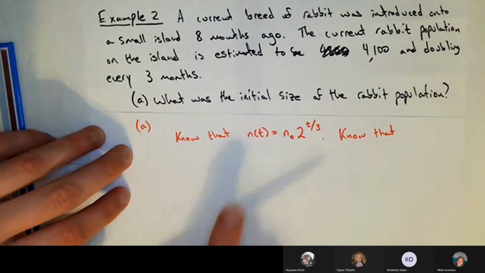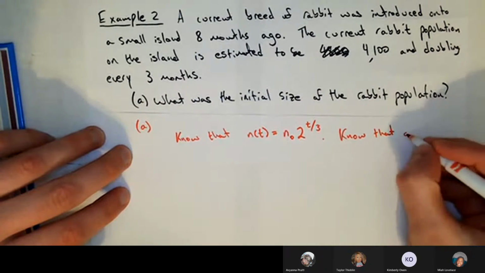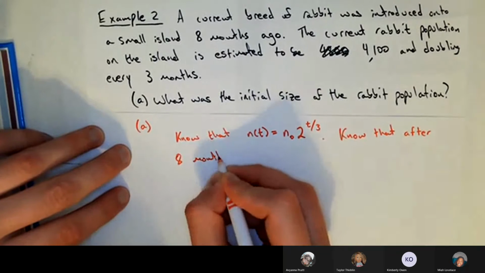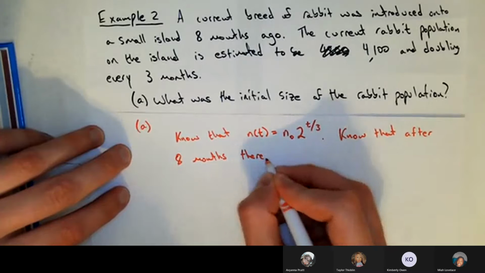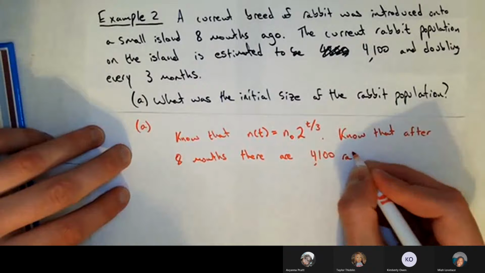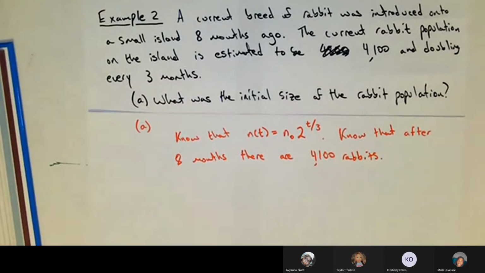How do I put that in terms of function notation here? Let me write it down in words. After 8 months. So are there any ideas about what I could do here with that information?